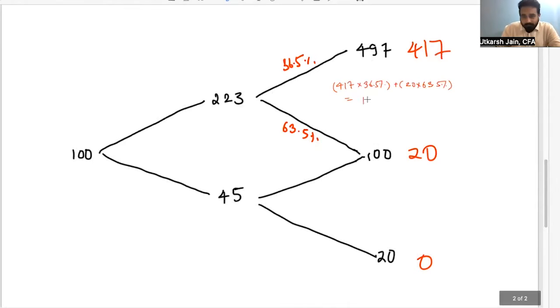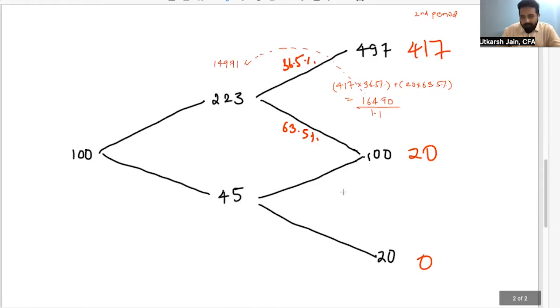But 164.90 is coming when? At the end of second period, remember? Now I need to take this value backwards here. So I need to take it backwards for 1 period. When I take it backwards for 1 period, I divide this with 1.1. So divided by 1.1, and it gives me 149.91.